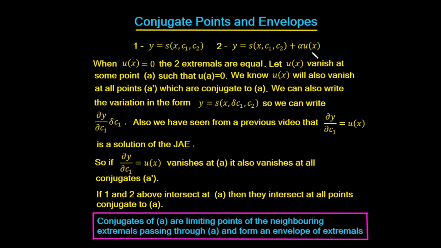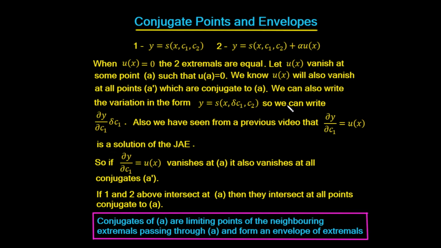Now let's note that we don't need to add the variation on like this, where we add on the alpha u of x. We could write the variation in terms of a delta c1. So in effect the variation has been added on to the parameter c1. You could also add it on to the parameter c2.